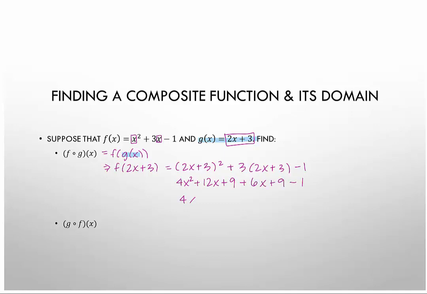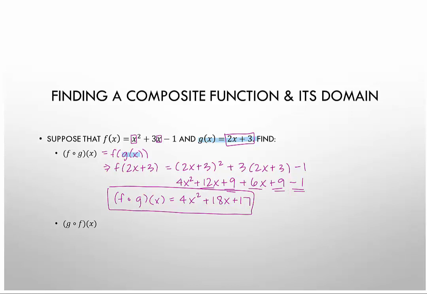Then I can combine like terms to get 4x squared, combine my x's to be 18x, and then add 9 and take away 1, so I get plus 17. So this is my f of g of x once I've substituted in the g of x for 2x plus 3. Take a second and do the other one, and then we'll check your work.